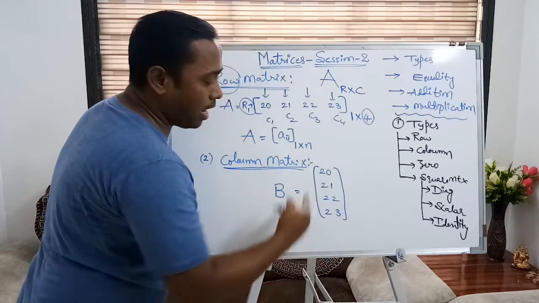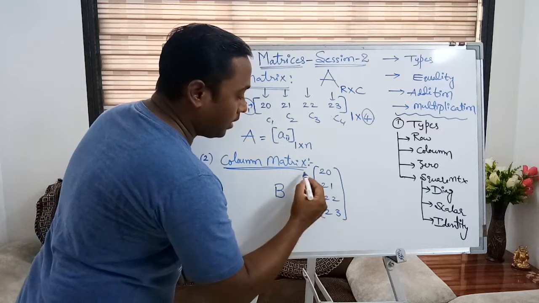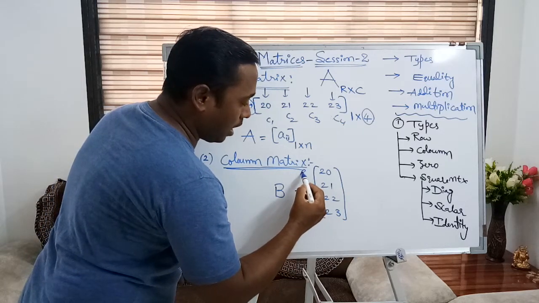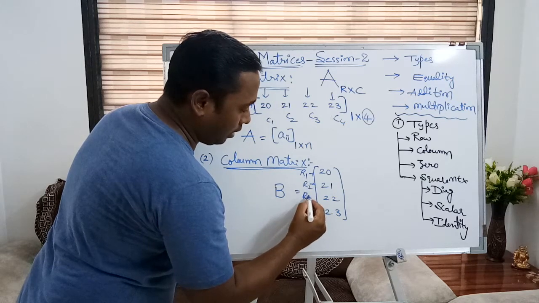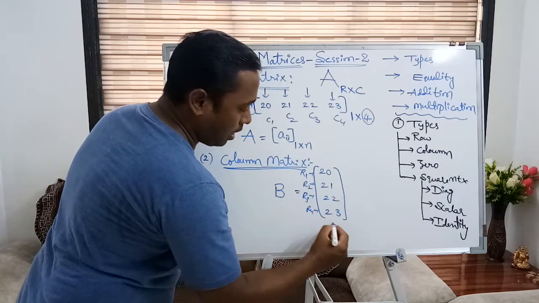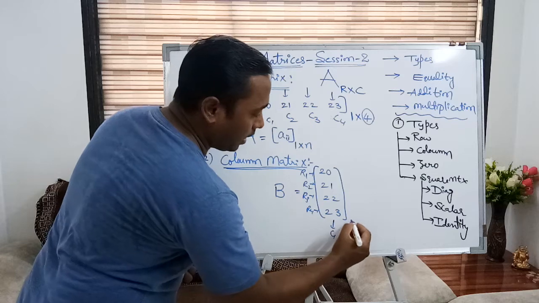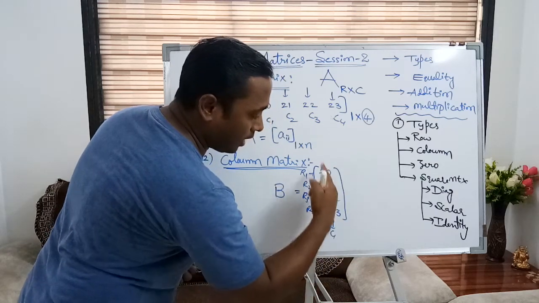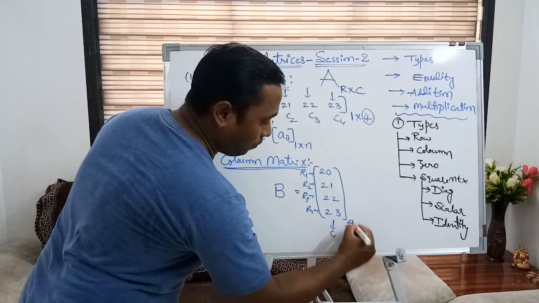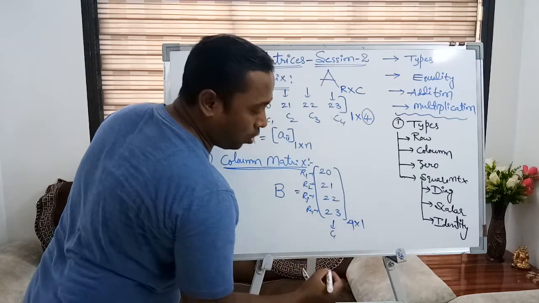Now if you see, it has only one column and there are 4 rows, R1, R2, R3, R4. Hence the order of this matrix is written as 4 rows and 1 column.